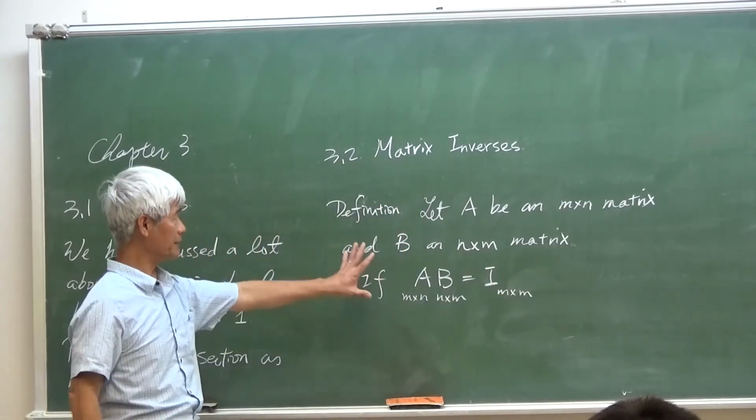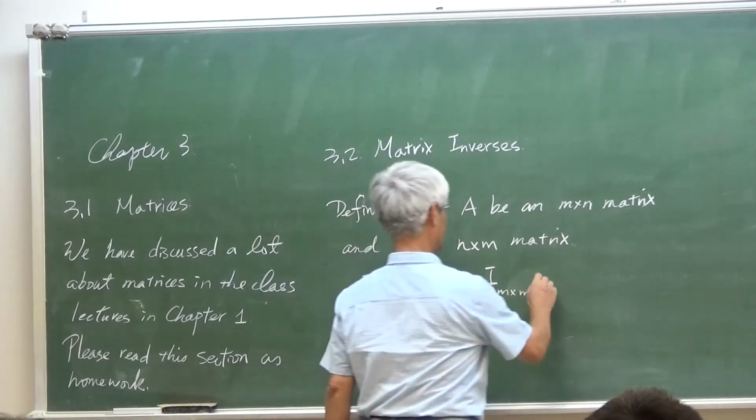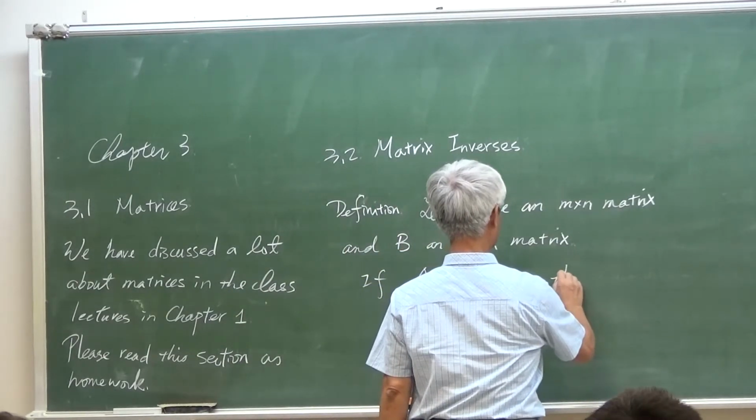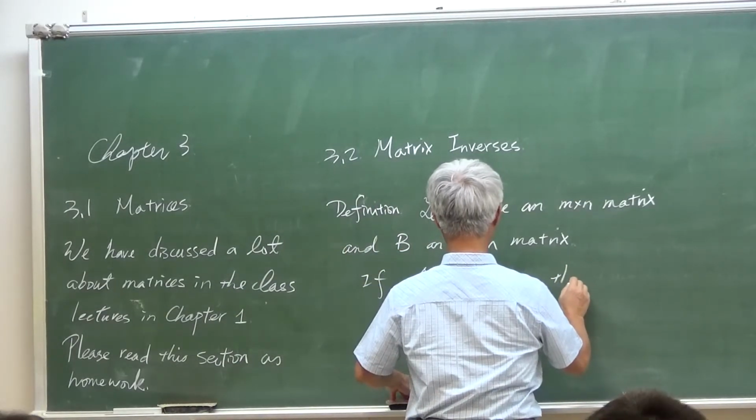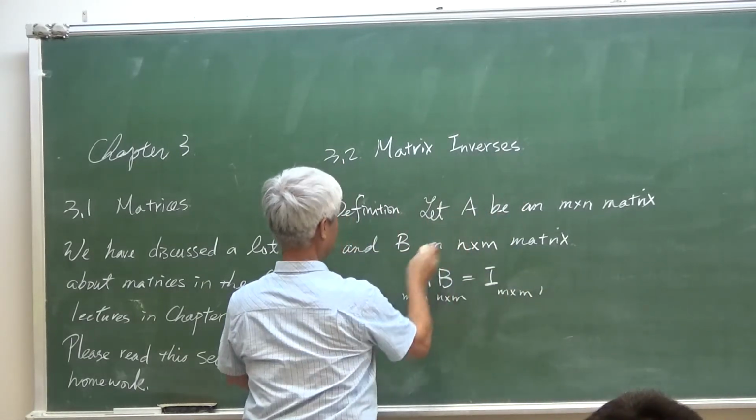So if A times B equal to the identity matrix, so I have to, because it's a definition, right?